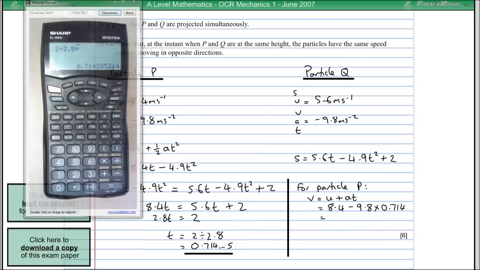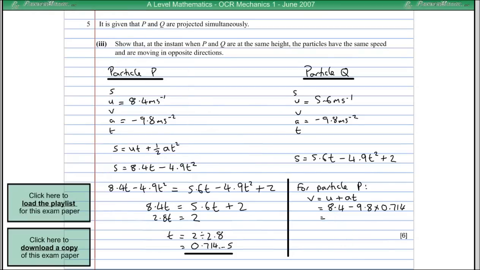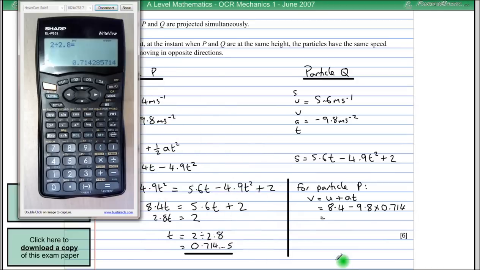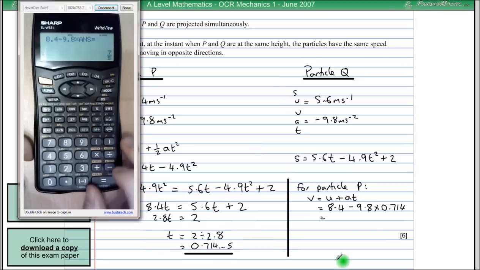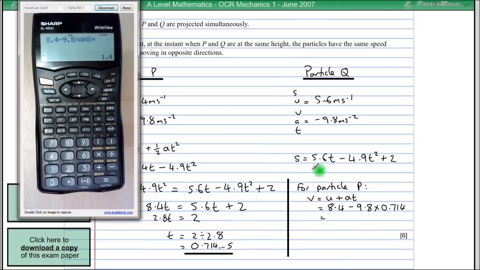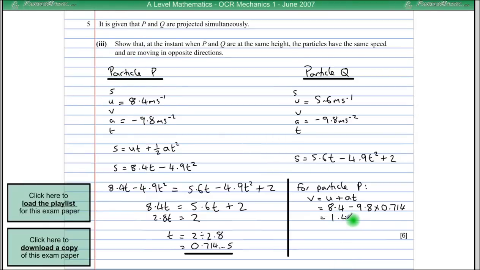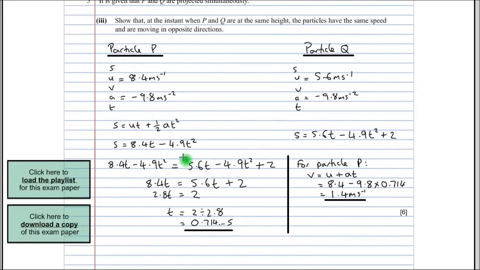And if we put that into our calculator, so we've got the value for T before, remember, so we're going to do 8.4 minus 9.8 multiplied by our answer to the previous question, and that gives us a velocity of 1.4 meters per second. So remember, hopefully what's going to happen now is when we do it for particle Q, we'll get minus 1.4.